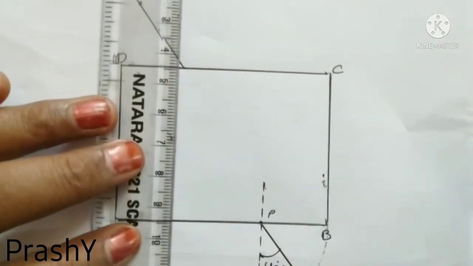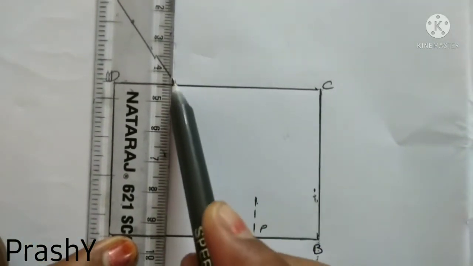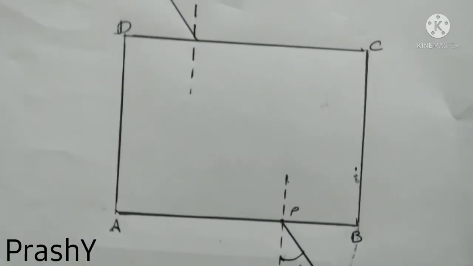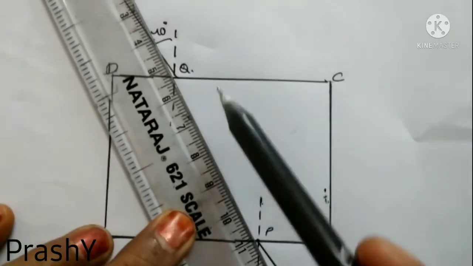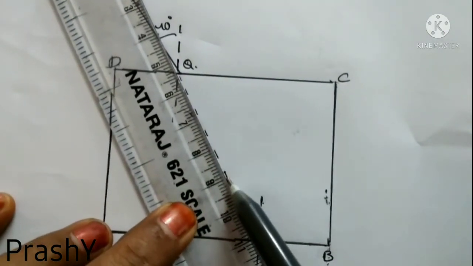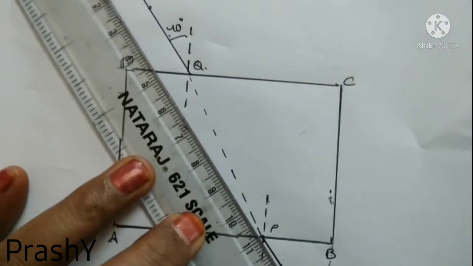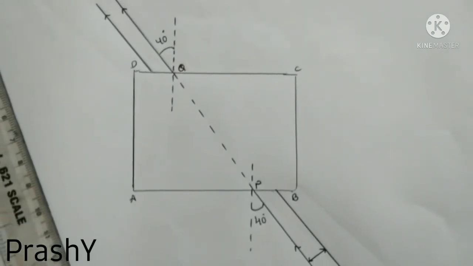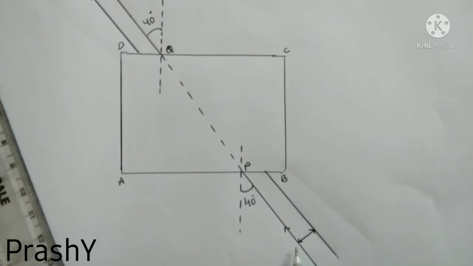At this point of intersection, draw a perpendicular line. Let's measure the angle of emergence; it is exactly 40 degrees here. Join PQ. This is the path of the light inside the glass slab. Now extend the incident ray and the emergent ray. After extending, we have got the 2 parallel lines, and the distance between these 2 parallel lines is called the lateral shift.